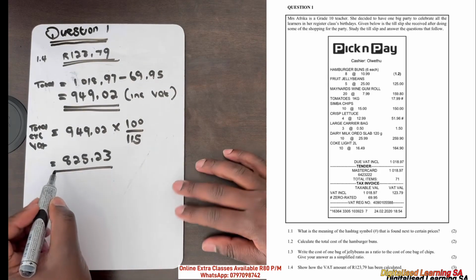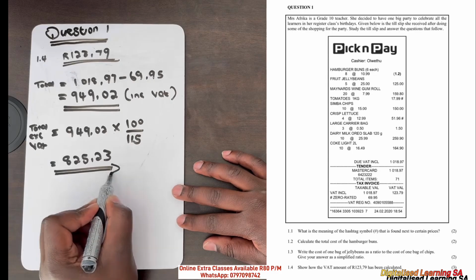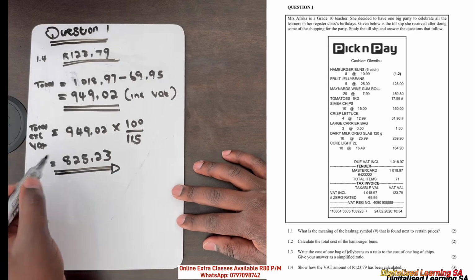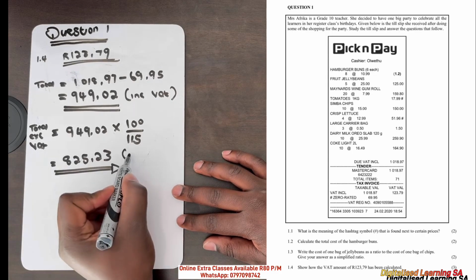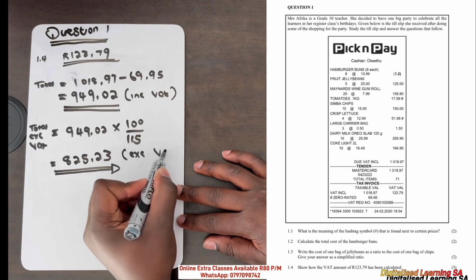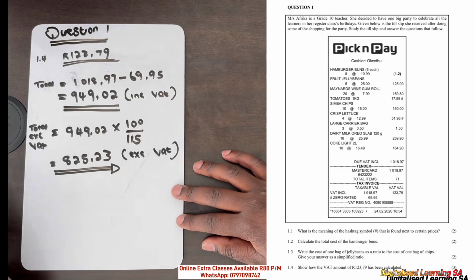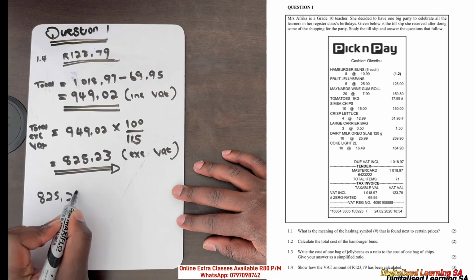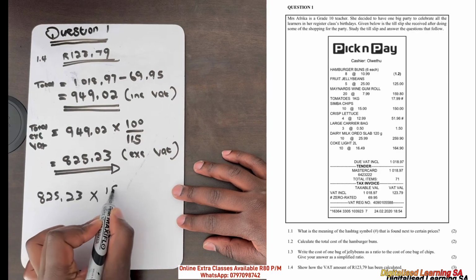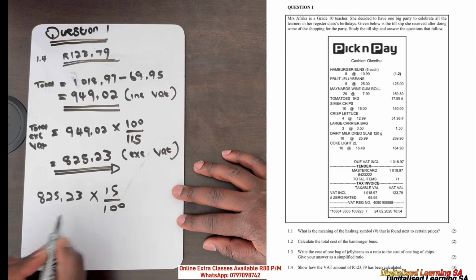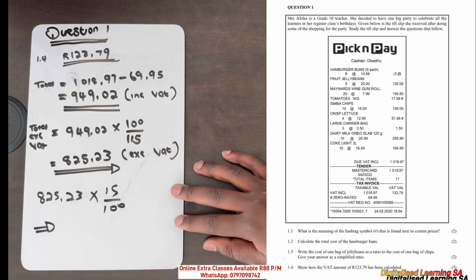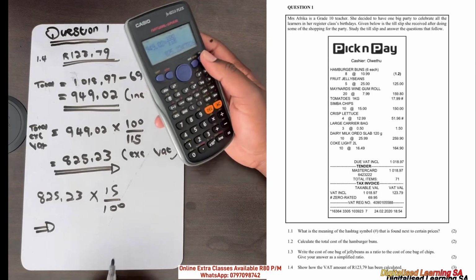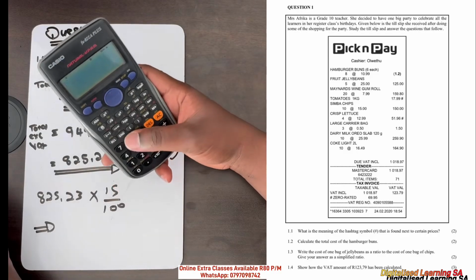So this is the total excluding VAT. Now we can easily calculate our VAT from this total. What we need to do is just say 825.23 multiplied by 15 divided by 100 to get our VAT.